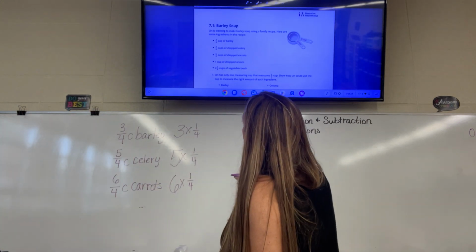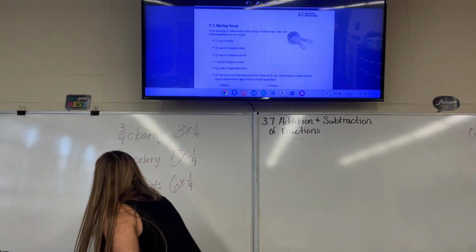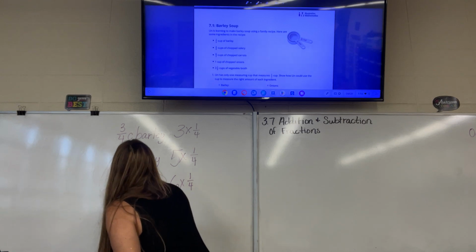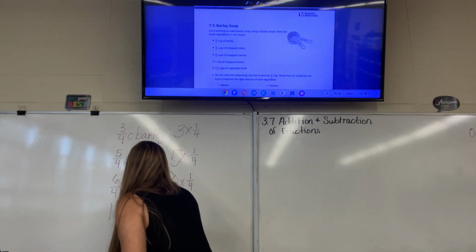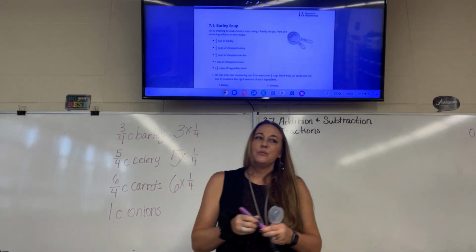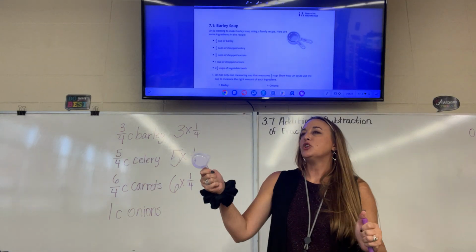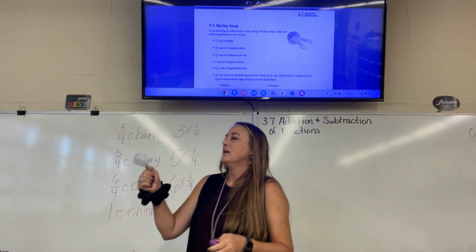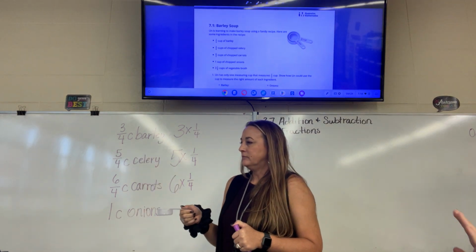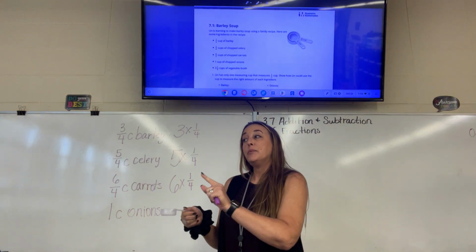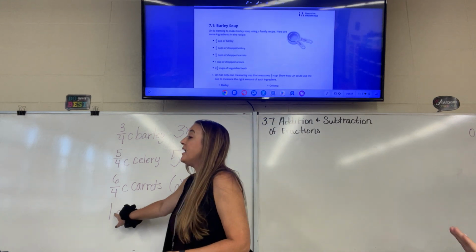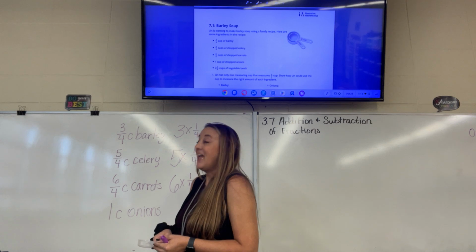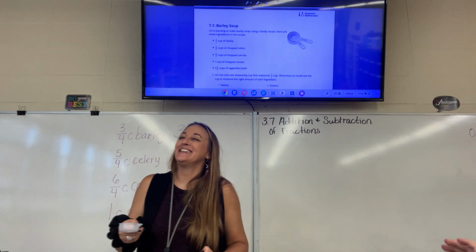Okay, and then next I need 1 whole cup of onions. How many times will I have to use my scooper to get 1 whole cup? Cameron? You only have to do it 1 time. No, because that'll be 1/4. I need 1 whole cup. No, Jackson? 4.